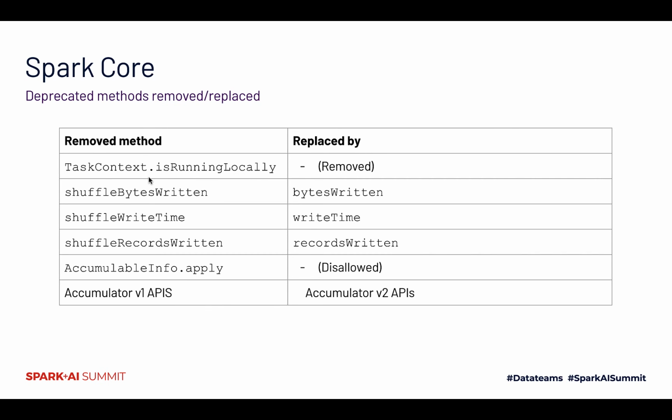That turned out to be a bad idea. You really want your code to run the same whether it's running in local mode or remotely. So that's been removed, and other pieces as well have been disallowed or deprecated. And last but not least, there are some improvements in the accumulator APIs that improve the underlying behavior. I'll let you read about those if you're still using accumulators.